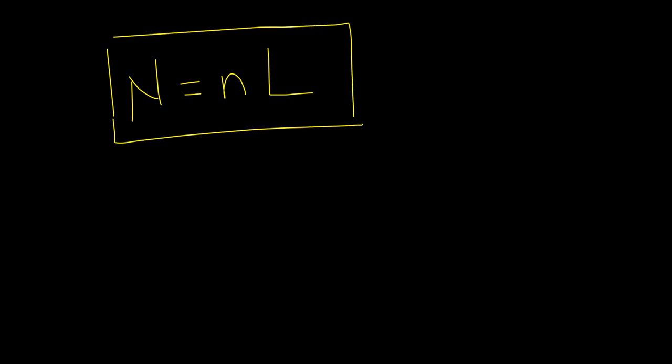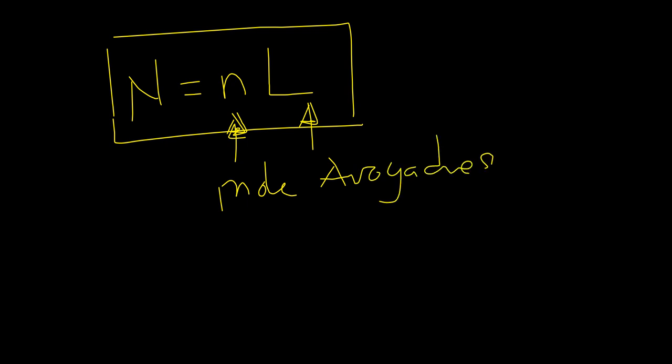So if you are asked to determine the number of particles in any substance, all you need to do is to multiply the number of moles by the Avogadro's number. So the mole multiplied by the Avogadro's number would always give you the number of particles in that substance.